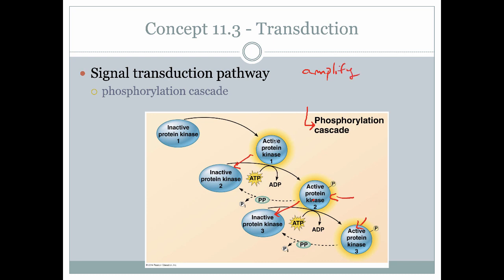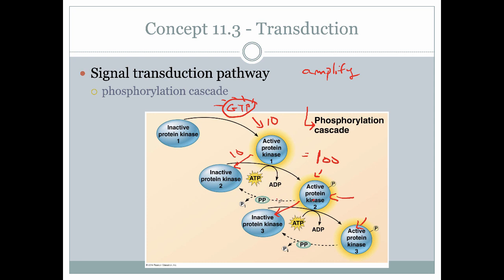Why is that important? Well, now if the G protein, let's imagine that this G protein that was active, can activate 10 of these kinases. So now we've got 10 protein kinases active. Let's say each protein kinase can activate 10 of protein kinase 2. Well, 10 times 10 equals, whoops, we're down here, we now have 100 protein kinase 2 active.